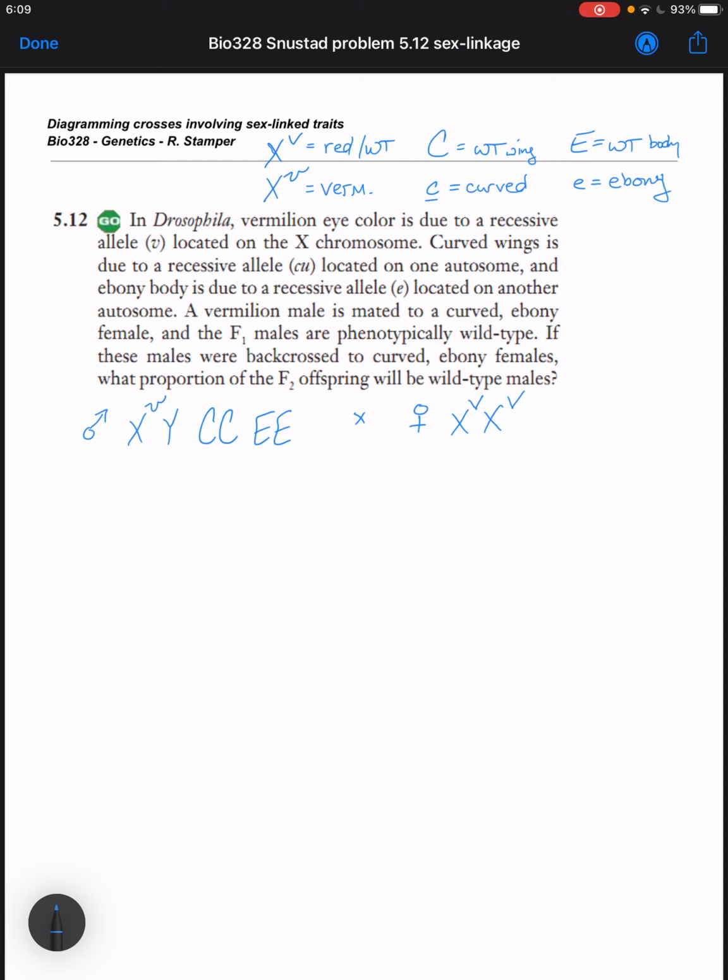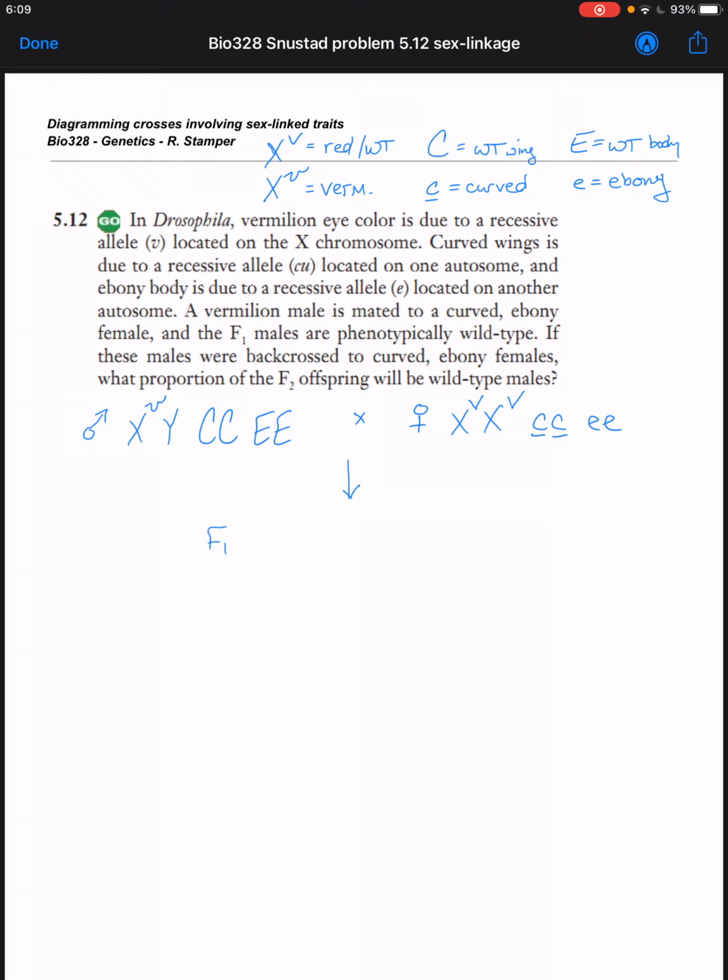But we do know that she expresses the curved ebony mutations. I'm underlining my lowercase c's here just to try to minimize confusion. So they're saying let's cross these and we'll get our F1 offspring.